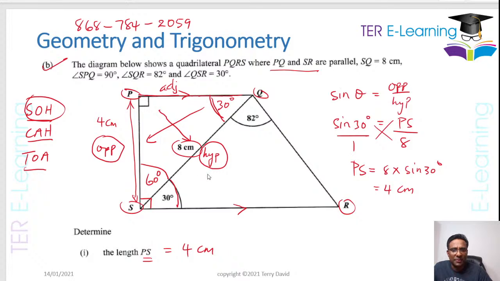Now there is a formula to work out the area of a trapezium, and it is half the sum of the parallel sides multiplied by the distance between the parallel sides, right? So I can easily find the area of the triangle, but what I should do is find this length SR first of all.